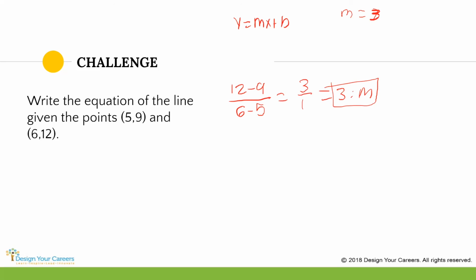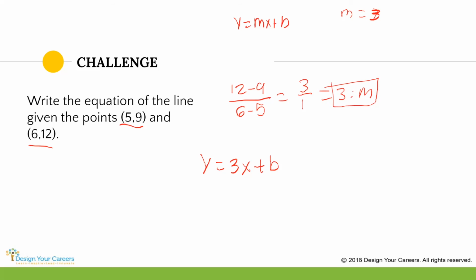Now we have our m value and 2 other points, so it's just a matter of plugging back into the equation, kind of like that second way I showed you when we were putting that equation back together. So we have y is equal to 3x plus b. We have 2 different sets of x and y values to choose from.